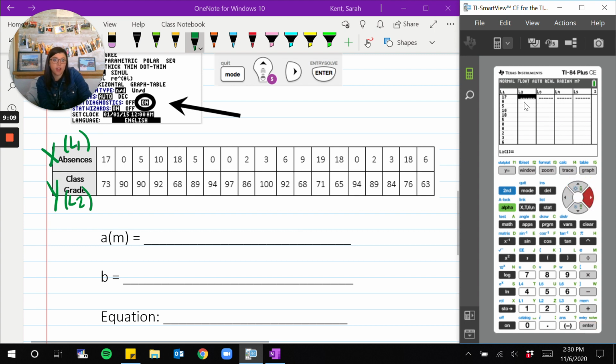Okay. And then L2, I put all of the Y numbers.